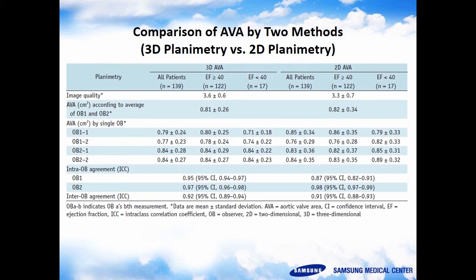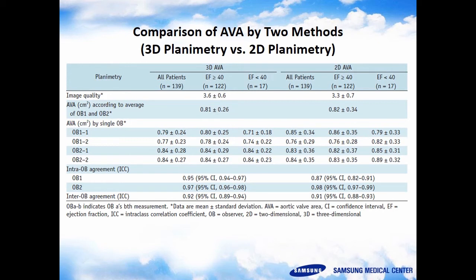The mean 3D AVA results for each observer, Observer 1 and Observer 2, during the first and second assessments are shown in the table. The mean AVAs according to the average of OB1 and OB2 in the AS group measured by 3DP, 2DP, and TTE were 0.81 centimeters squared, 0.82 centimeters squared, and 0.080 centimeters squared respectively, without significant difference among the 3.